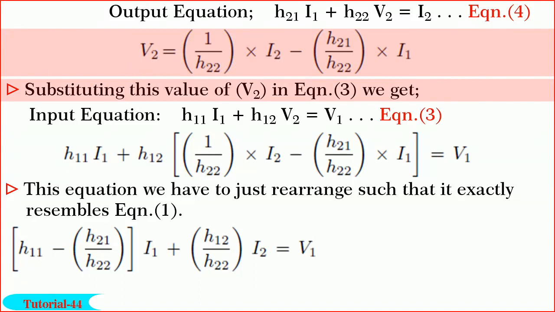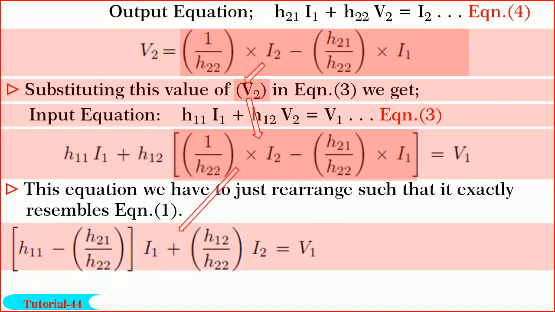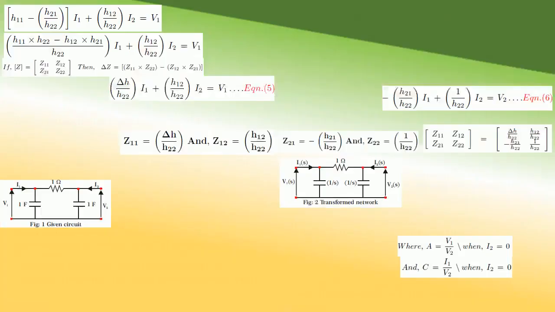Substituting this value of V2 in equation 3 and using simple algebra, we get the equation H11 minus H12 H21 divided by H22 into I1 plus H12 divided by H22 into I2 is equal to V1.